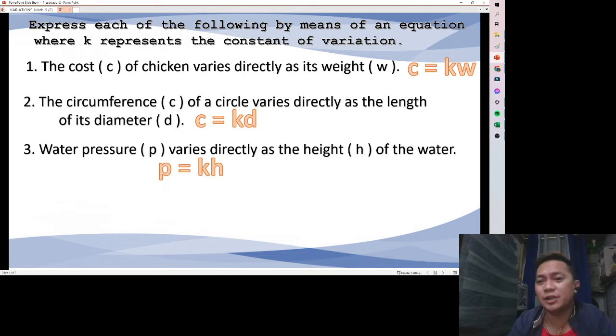So to express it as a mathematical statement, that will become P = kH, where P is the pressure and H is the value of your height.